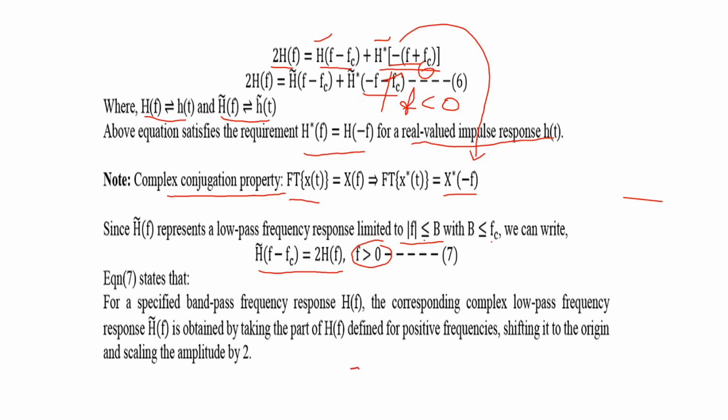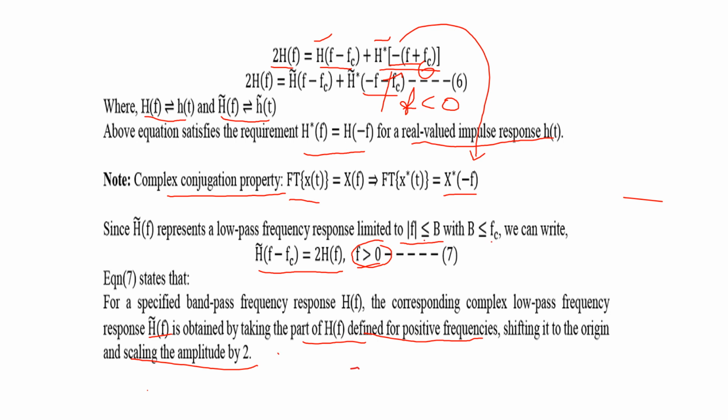Now for the specified bandpass frequency response h of f, the corresponding complex low pass frequency response h tilde of f is obtained by taking the part of h of f defined for positive frequencies, so only the condition f greater than 0, shifting to the origin and scaling the amplitude by 2.